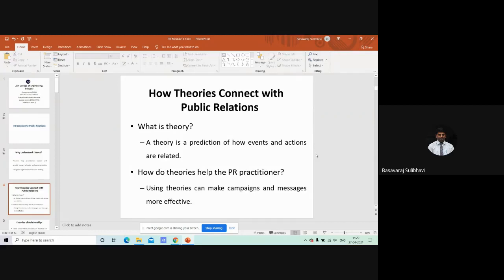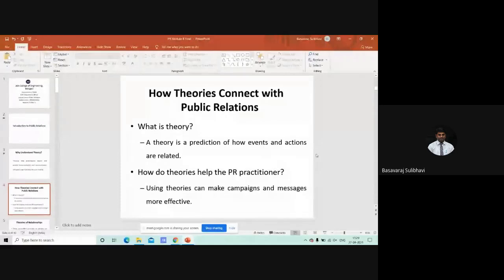So how do theories help PR practitioners? These theories help practitioners make campaigns and messages more effective. As we discussed in your previous module, the people responsible for PR run certain campaigns over a time period with a certain objective, the goal they want to reach by communicating with the public.